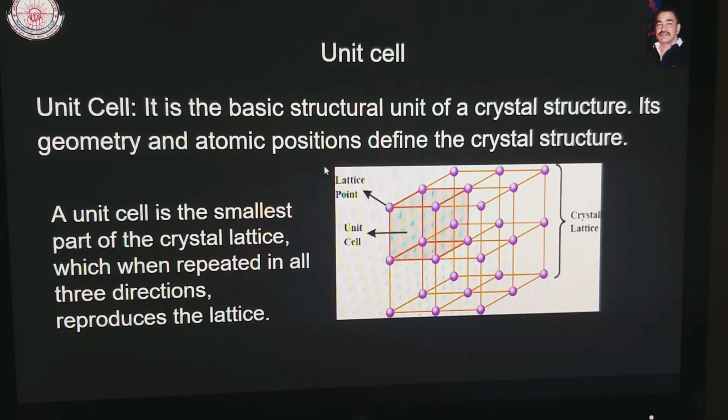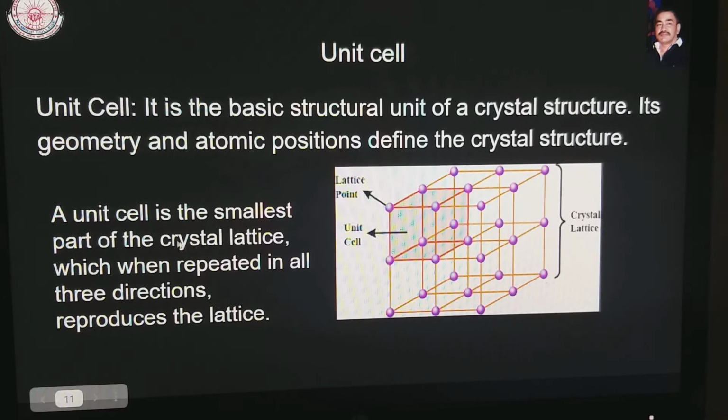Next, the unit cell. The unit cell is the basic structural unit of a crystal structure. Its geometry and atomic positions define the crystal structure. So for different solids, the unit cell may be different. Here we are observing a three-dimensional cubical structure.